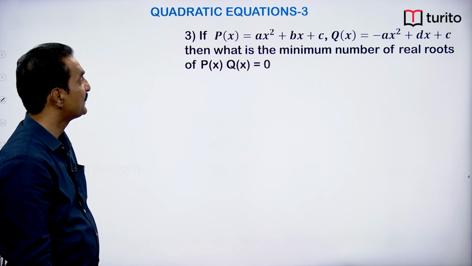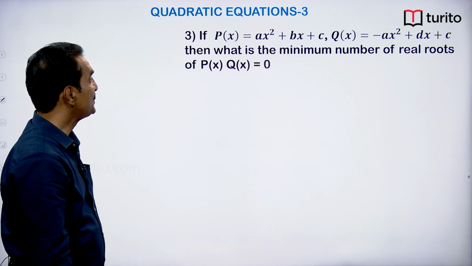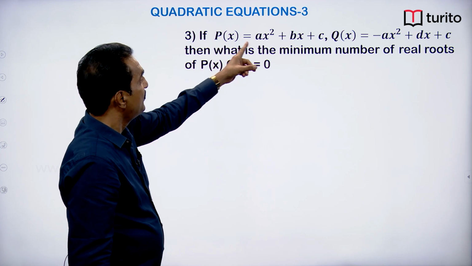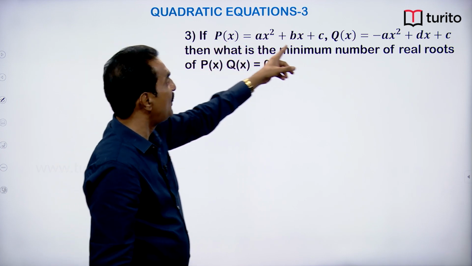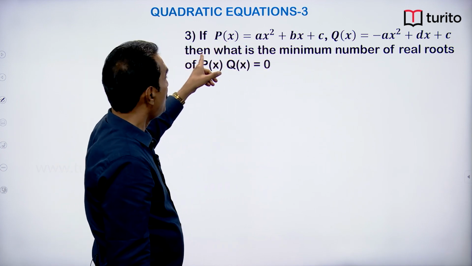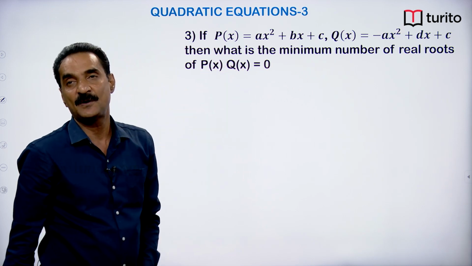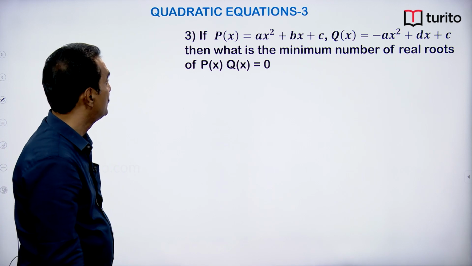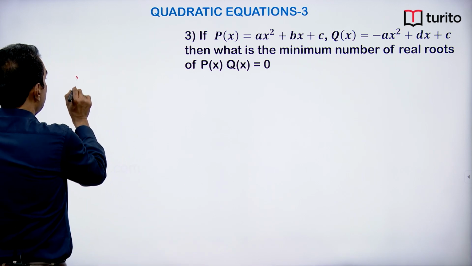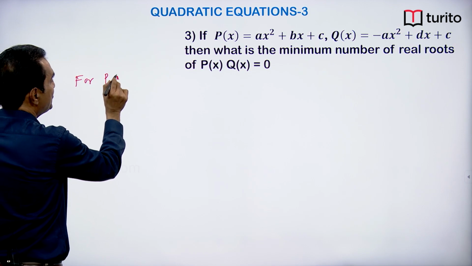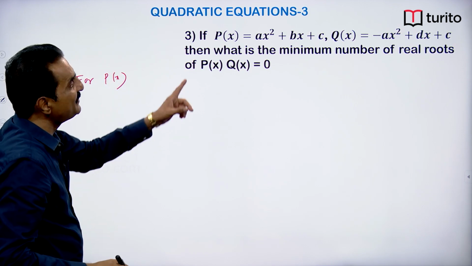Next question is, two polynomials are given, p of x and q of x. What is the minimum number of real roots of the equation p of x into q of x is equal to 0? For real roots, we have to check the discriminant. For p of x, what is the discriminant?